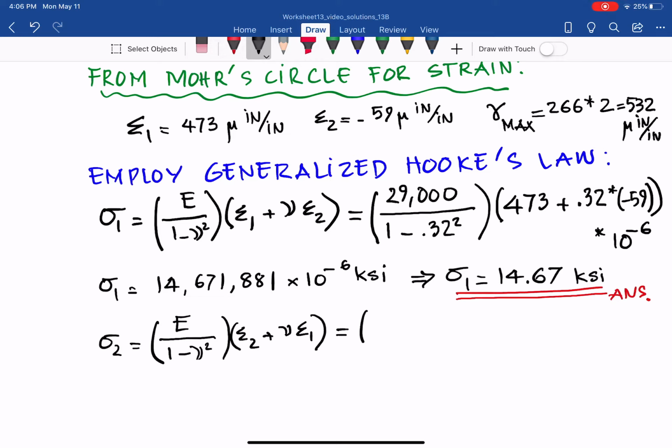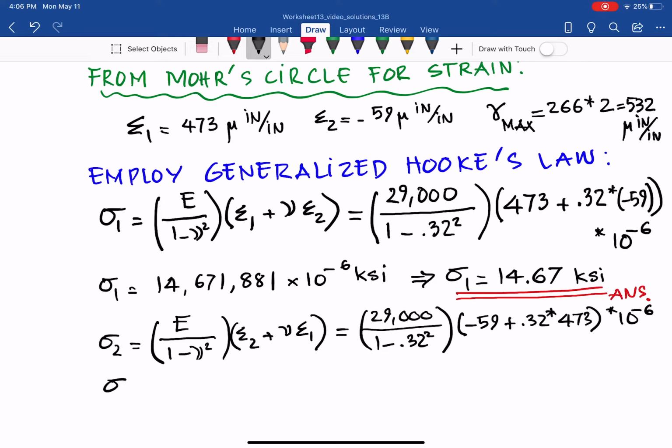Plug in 29,000, 1 minus 0.32 squared, negative 59 for epsilon 2 plus 0.33 times 473, and of course we have to multiply by 10 to the negative 6 because that is the micro. Inch over inch, micro is 10 to the negative 6.